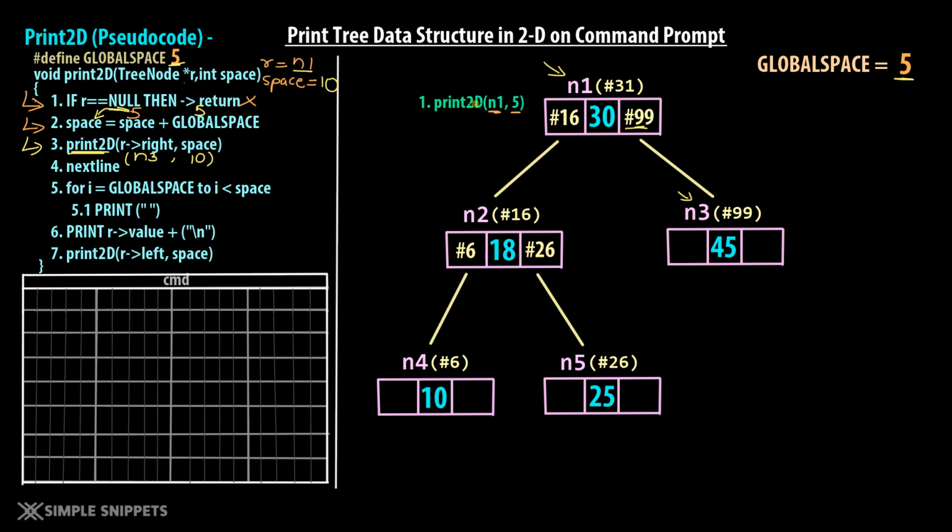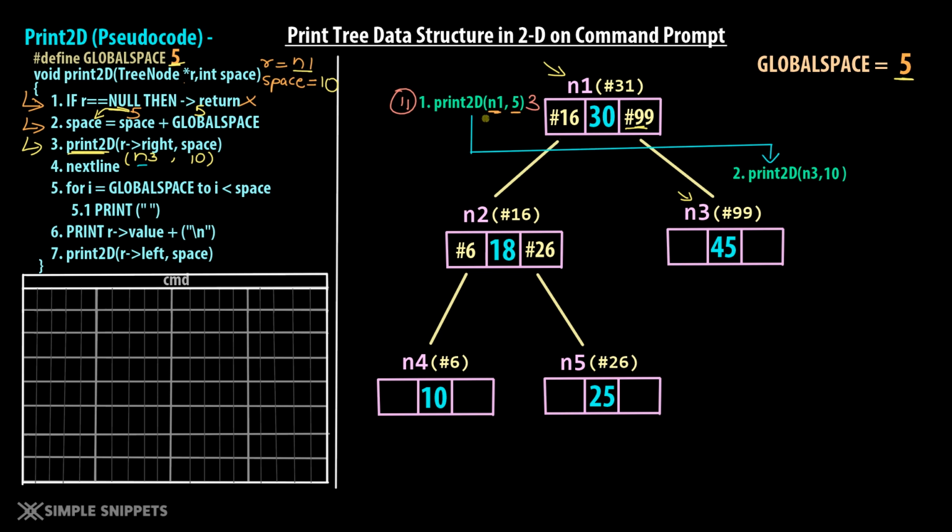So it's a recursive call, and when that happens, the first print2d goes into a pause state. The first print2d will be paused at step 3, because this is where the second print2d is called. Now the execution of this second print2d will start, and we've passed n3 and the space value as 10.